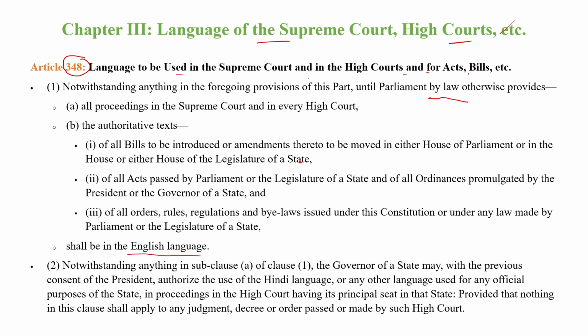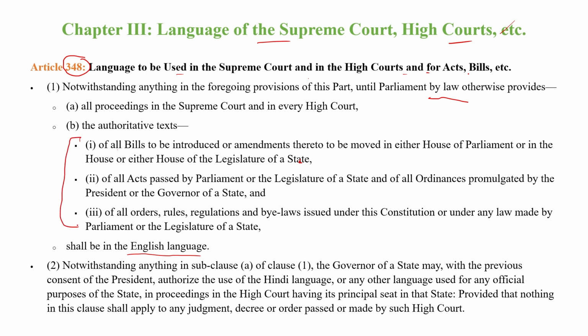In simple terms, according to the Constitution, the official language for the Supreme Court and High Court would be English. The High Court and Supreme Court only work in English related to these matters.